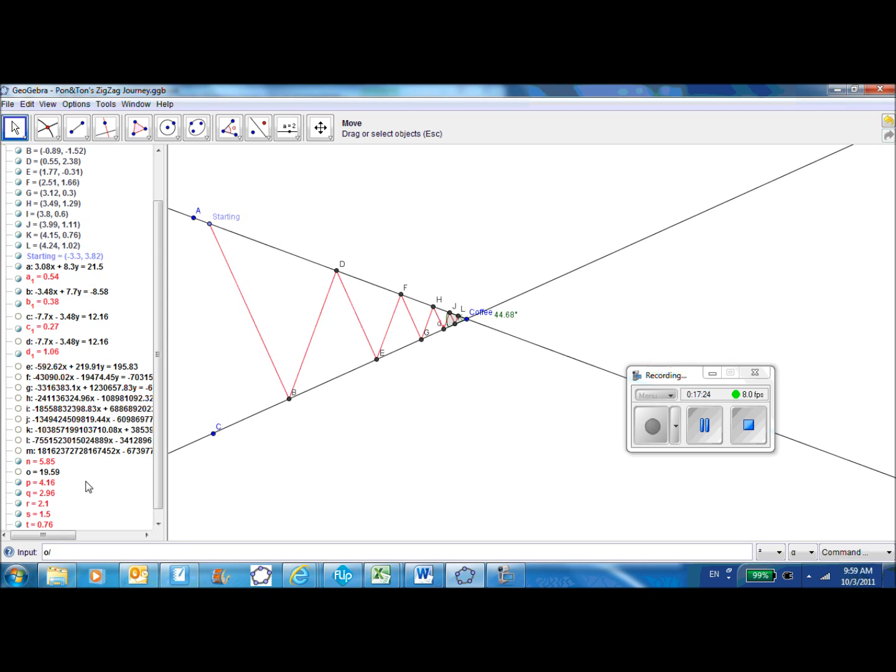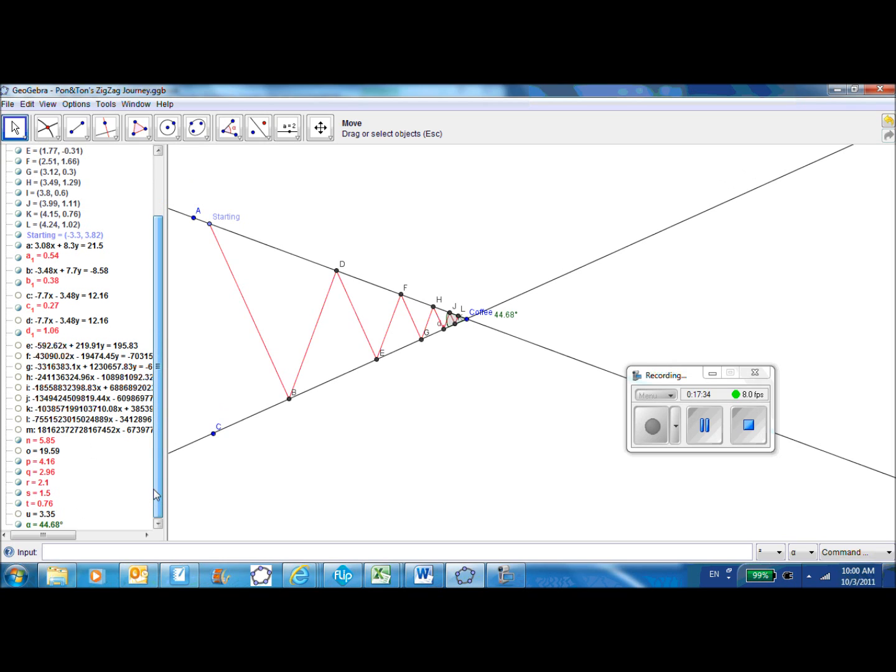So that first distance was N. That's our U, 3.35. So if the first section was 1, then this whole trip took Pon and Ton 3.35. Now you've got to work on the geometry of coming up with an exact equation for this total distance traveled. And let's go back to the scratch board for that.